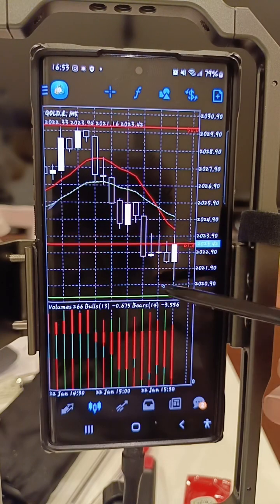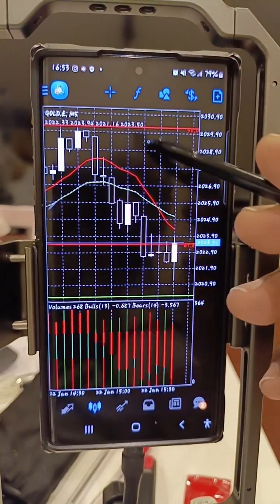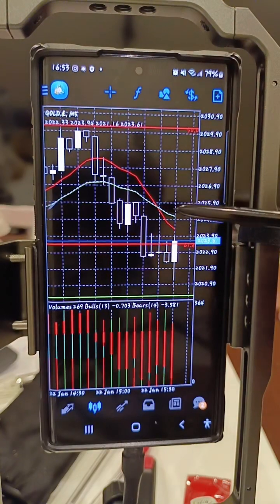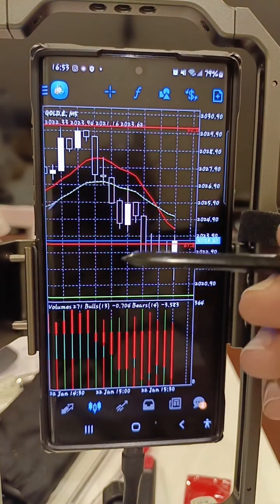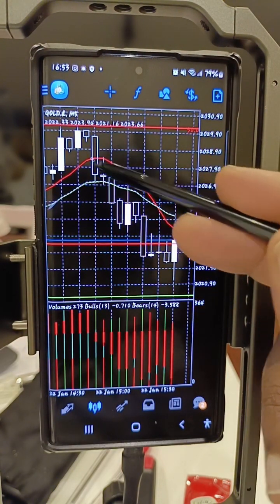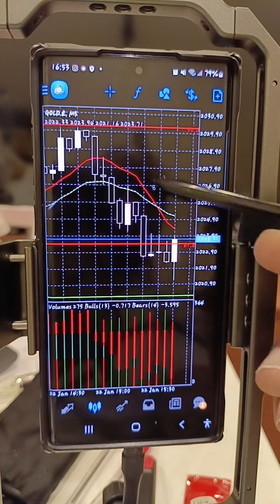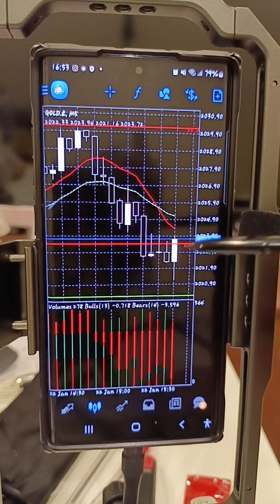Okay, so I'm going to see if it's going to come up to the 20. This is gold. So gold has a nice selling off at 50. Let's just see what happens when it reacts here.